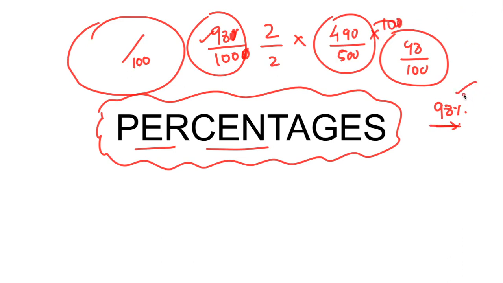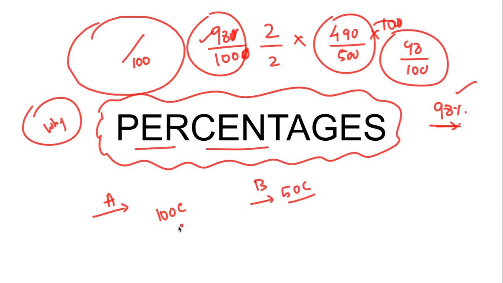Okay, fine. So what is the necessity for percentages, or the existence of percentages? Simply to compare values. Let's assume company A, which you are going to work in the future, is getting a turnover or profit of 100 crores, whereas company B is making only a profit of 50 crores. Tell me which company is faring better, a good performing company.